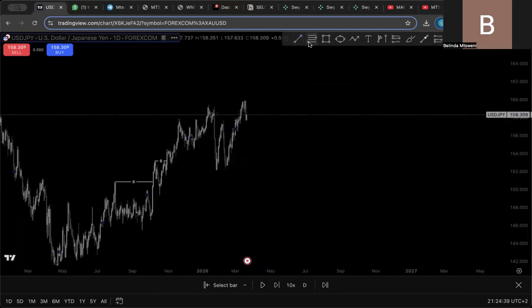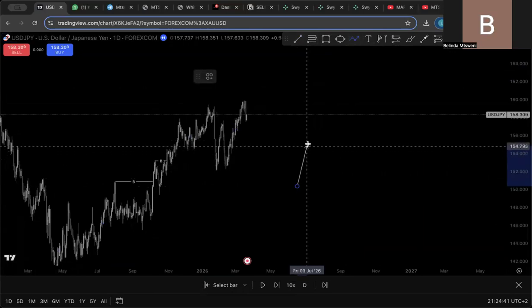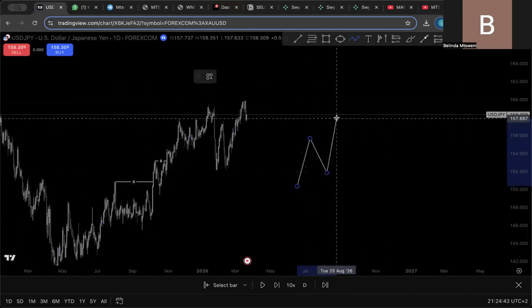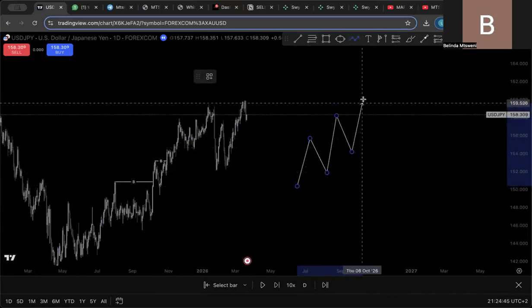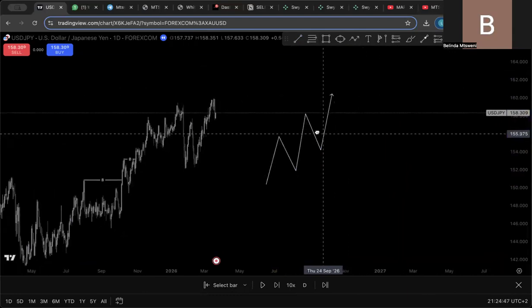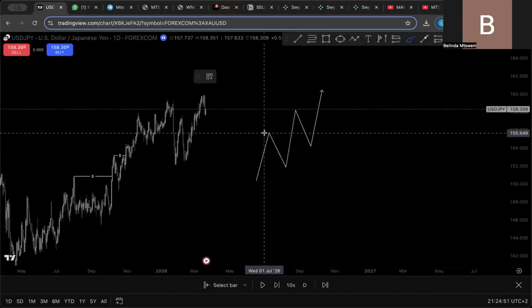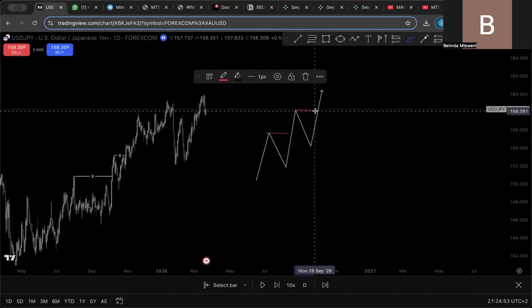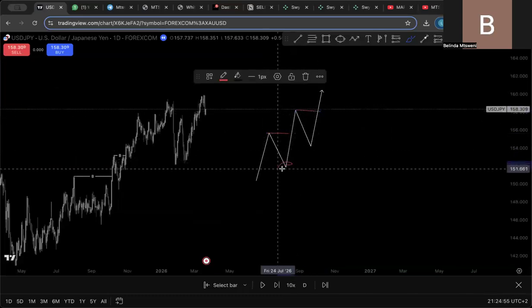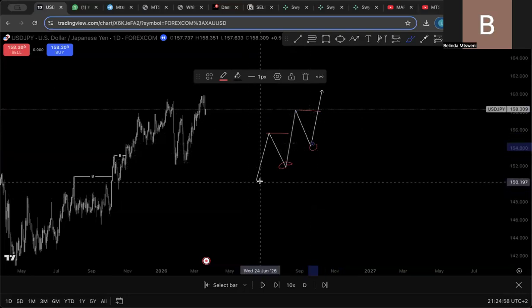In an uptrend, price will automatically break all kinds of highs like this and respect all kinds of lows like this.